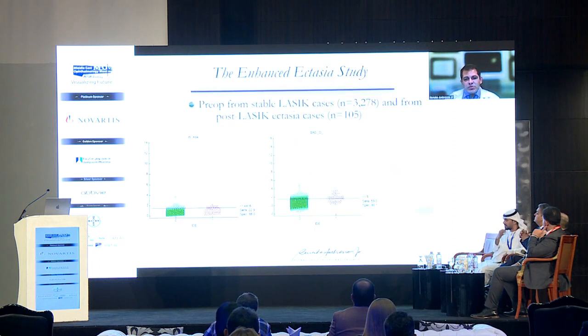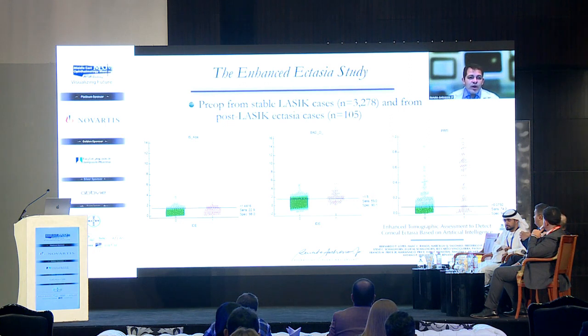Interestingly, in the larger series, we have the BAD-D, version 3, with a cutoff value of 1.5, having a sensitivity of about 60% for the pre-op LASIK ectasia cases, compared with 3,278 pre-op LASIK stable cases. So the IS value is very specific because the doctors are very much obeying the rule for curvature, but you have a very low sensitivity if you look for abnormality on topography with the IS value.